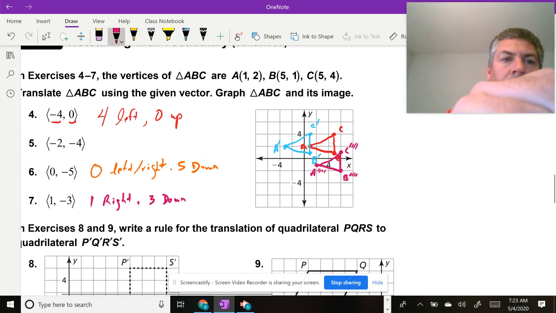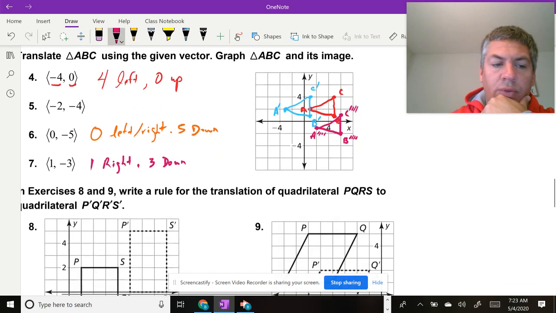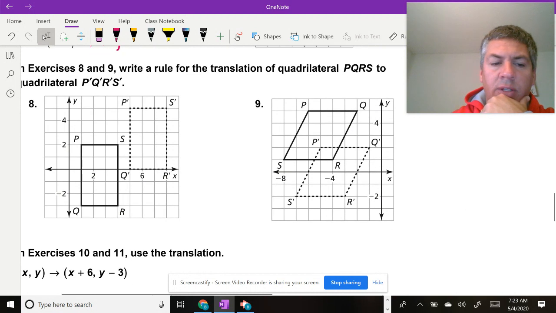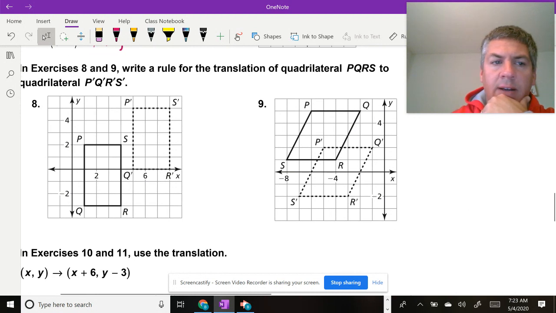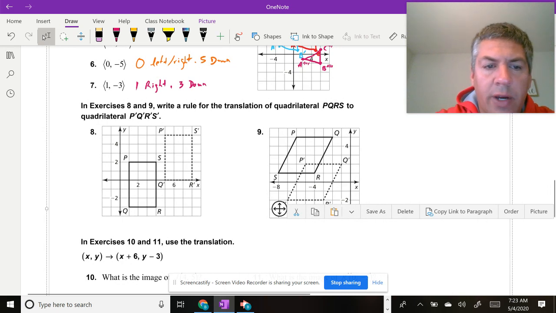Okay, so that is how we use 4 through 7. And now this one's a little bit less time consuming, 8 and 9. What's going to happen in 8 and 9 is we are just going to create the rule for the translation of the entire quadrilateral.